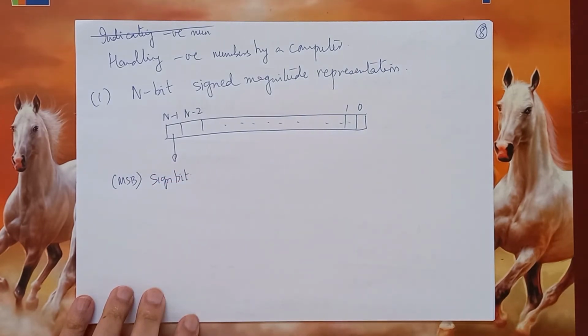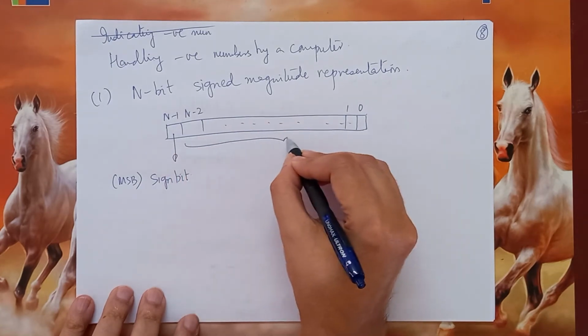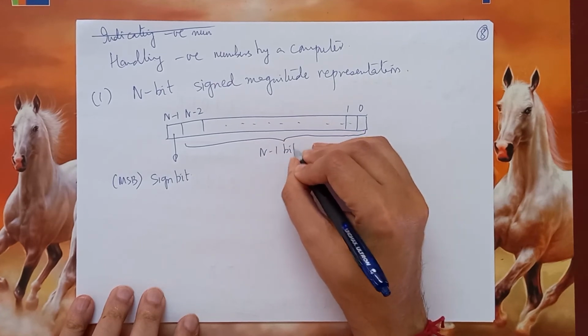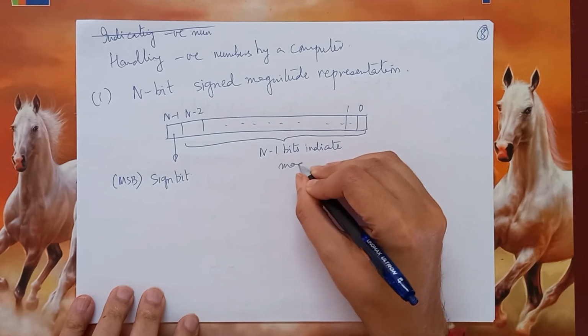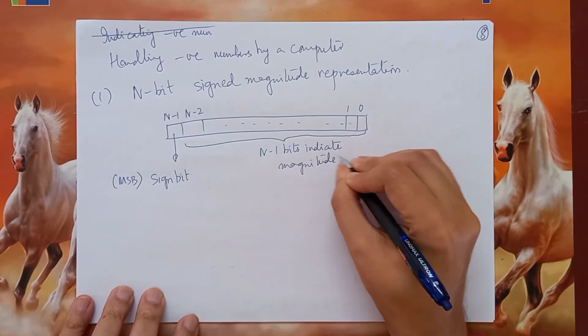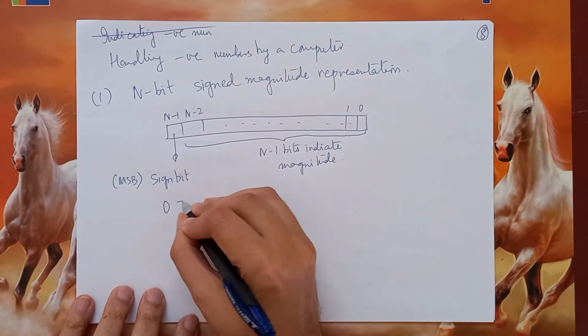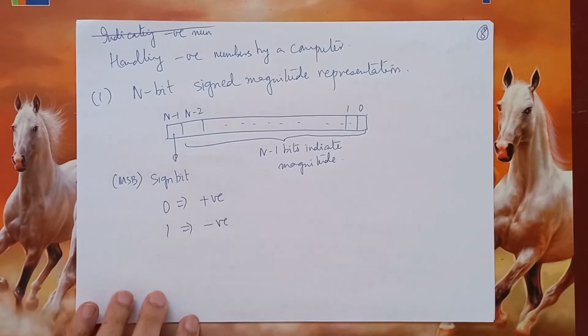So this will indicate the sign, and the remaining n minus 1 bits will indicate the magnitude of the number. The sign bit is used this way: if it is 0, it indicates positive. If it is 1, it indicates negative.